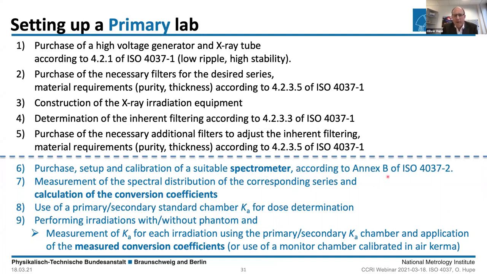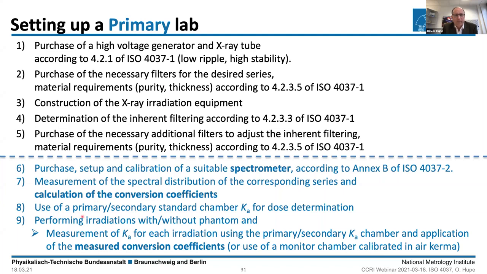Some requirements related to the spectrometer are described in part 2: measurement of the spectral distribution of the corresponding series and calculation of the conversion coefficients. So you don't use those tabulated in the ISO, you have to determine your own conversion coefficients. Then you have to use your primary or secondary standard chamber to determine the air kerma dose.